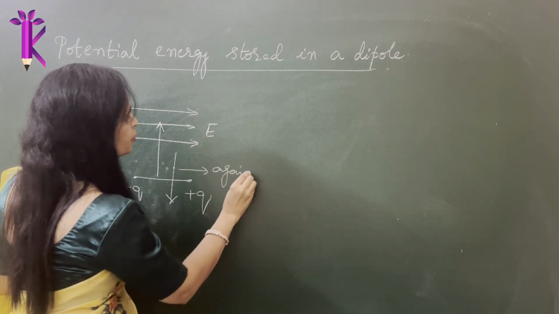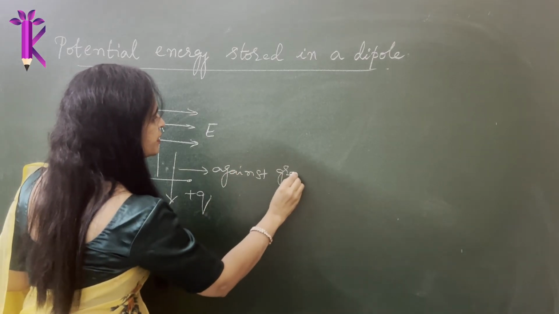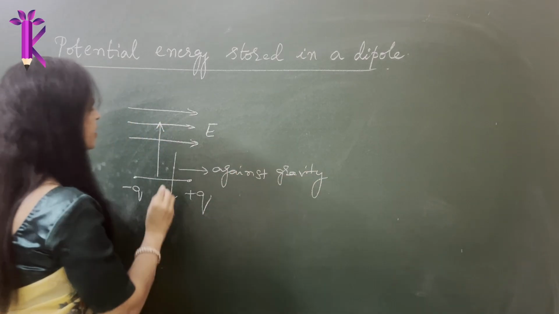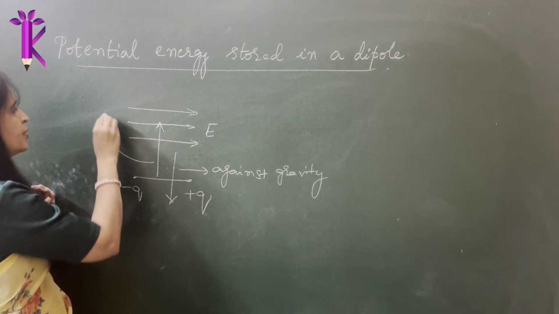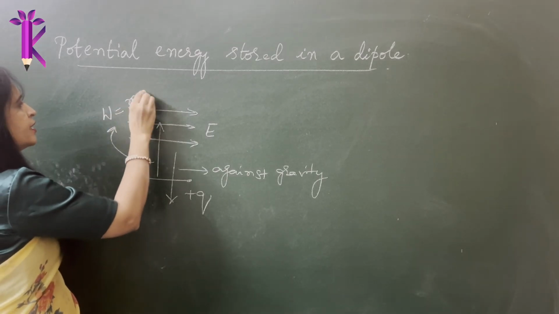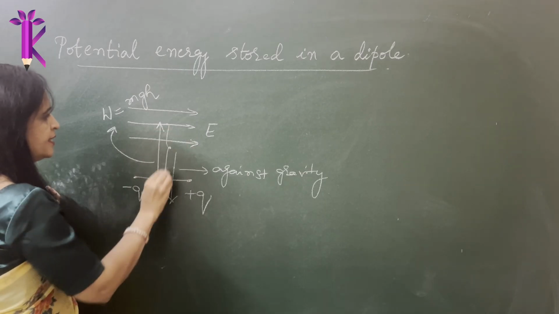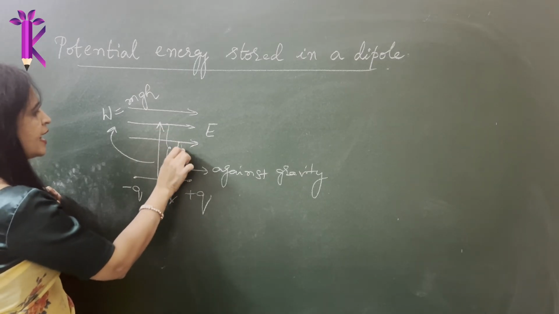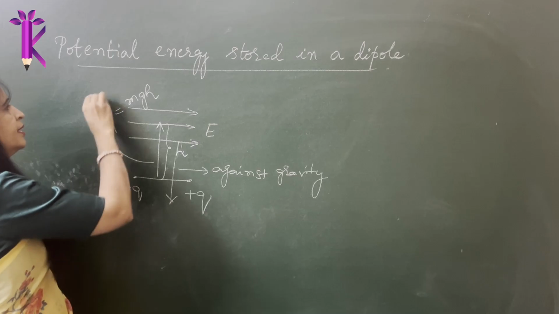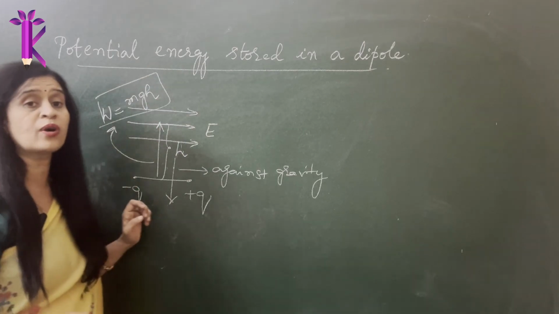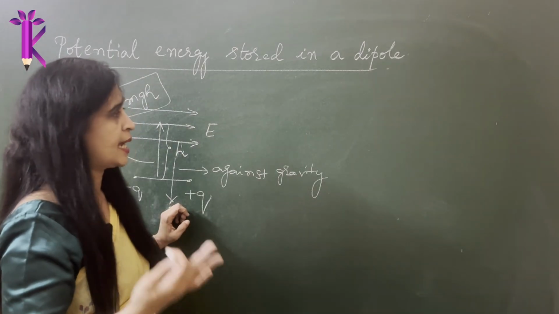How much work are you doing? The work done against the gravitational force, because you are placing it at this height, is given by mgh. That will get stored as the potential energy of the dipole.